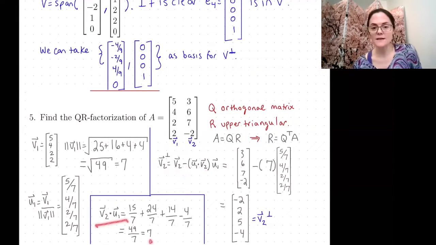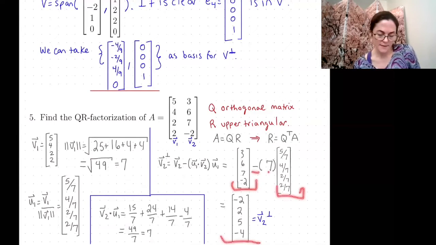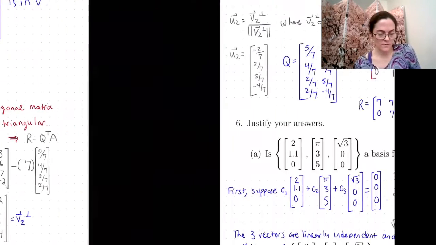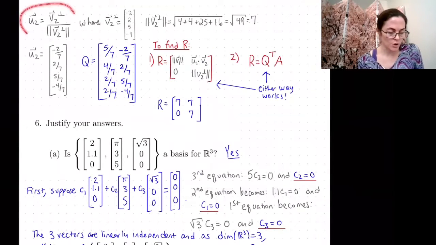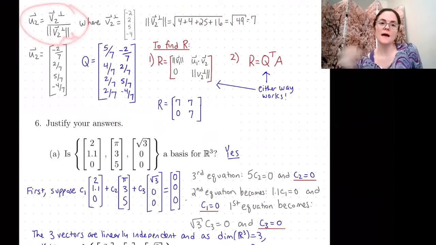Well, we get 7, okay? V2 dot U1 is 7. So then I have V2 minus 7 U1, and we get this vector. Okay, it's not unit, not yet. Then we normalize. Okay, so move to the next page. U2 is this vector, the component of V2 orthogonal to the line, divided by its length.